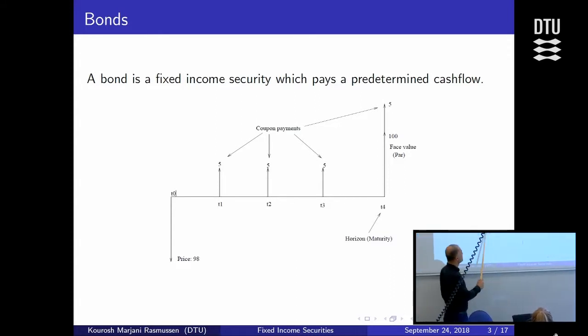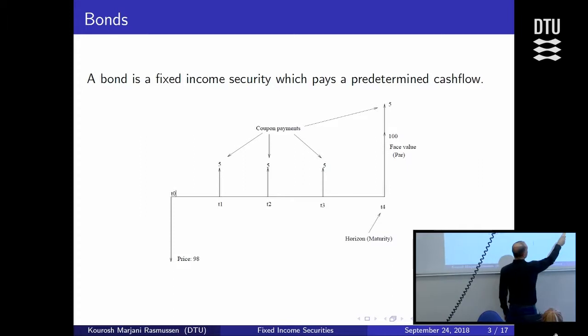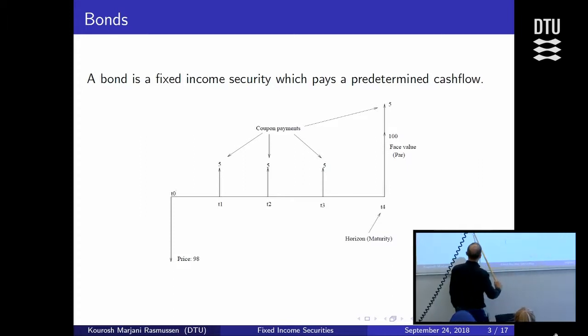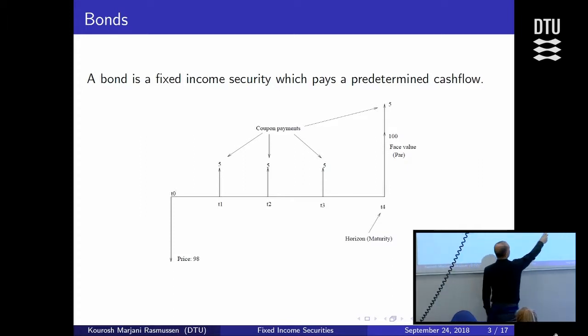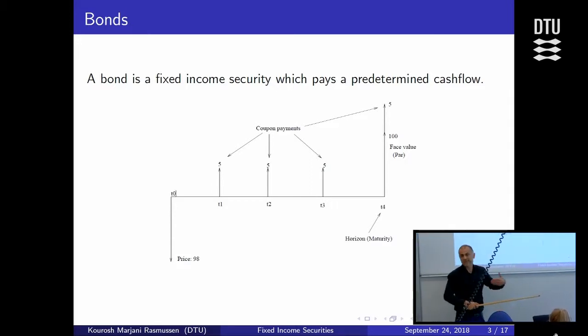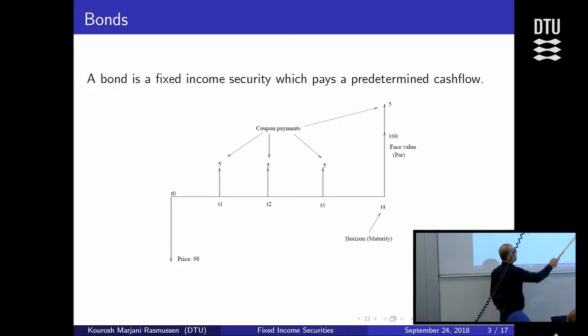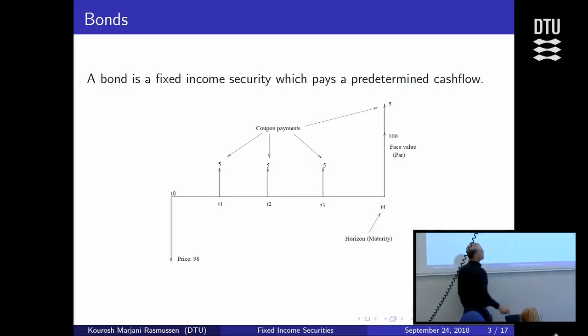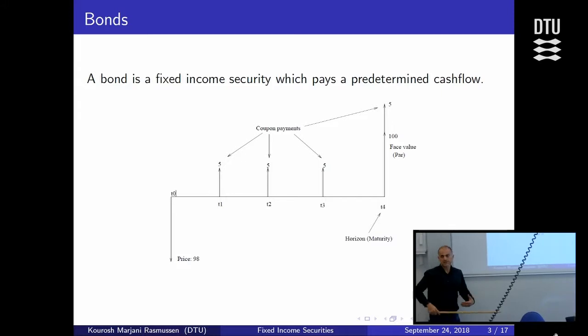So I'll pay you 98. I get 3 times 5, plus I get my money back, but I get the money back at par at 100. So that's just essentially a convention. I get the 100 plus the coupon, which is 105, right?